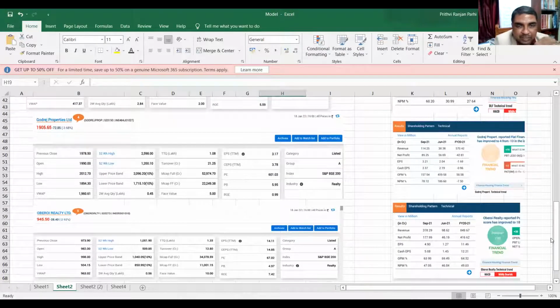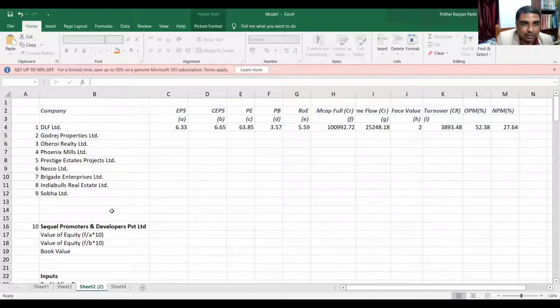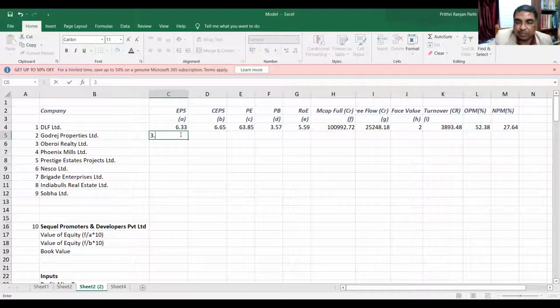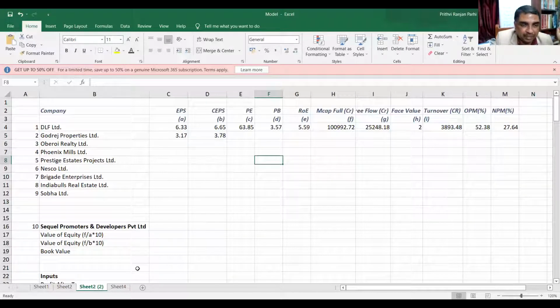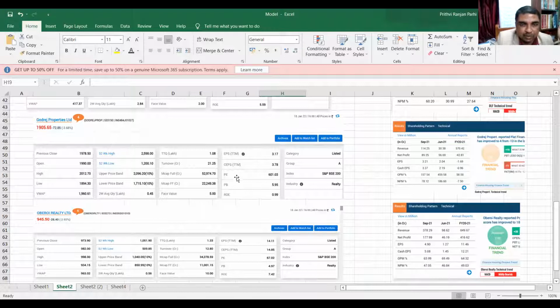What is the EPS and what is the cash EPS? 3.17 and 3.78, right? Then PE and PB. Friends, please tell me what is your price earning ratio and price to book value ratio. 601.03 and 5.95, right?